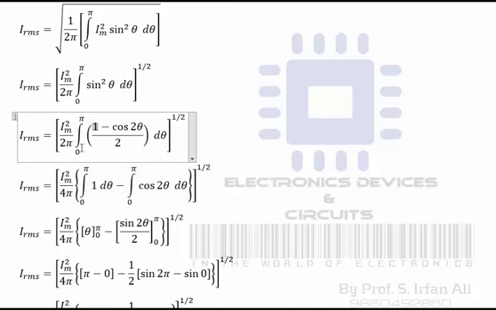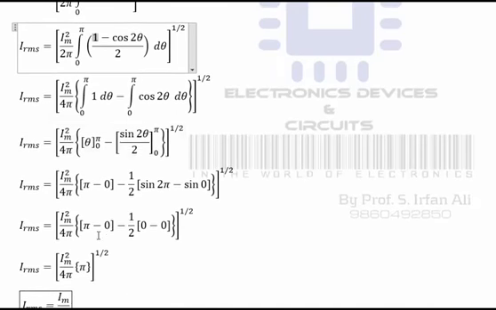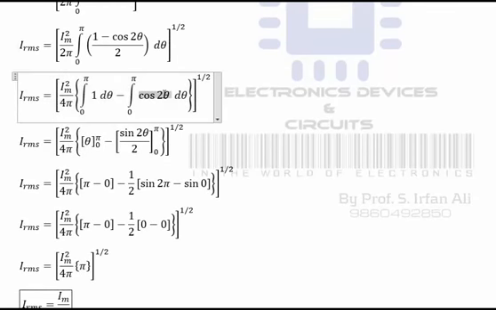The limits will remain the same for both of these, from 0 to pi. Integration of 1 with respect to d theta is theta, with upper limit pi and lower limit 0, minus cos 2 theta, the integration of which will be sin 2 theta by 2, because it is cos a theta, so integration will be sin a theta by a, so it is sin 2 theta by 2, with limit from 0 to pi.